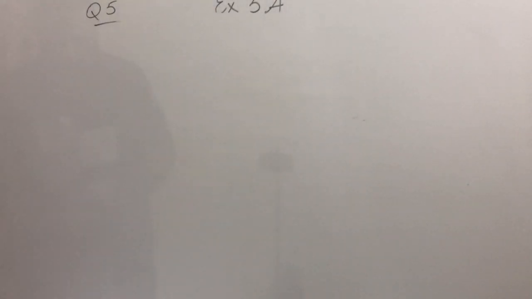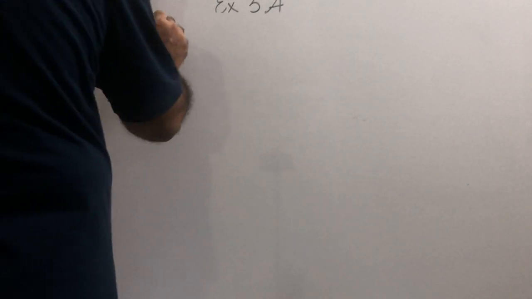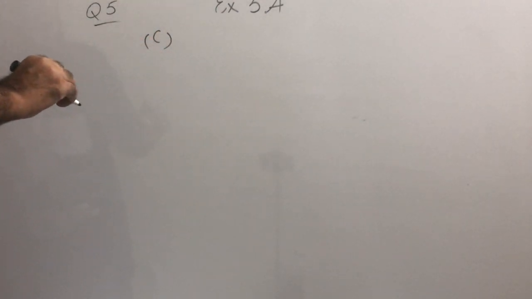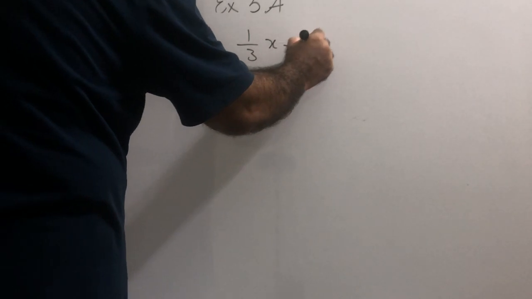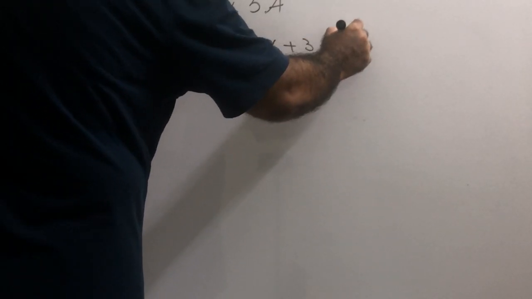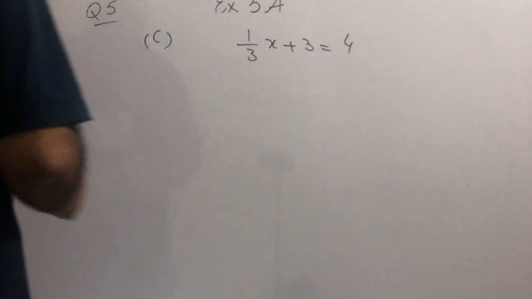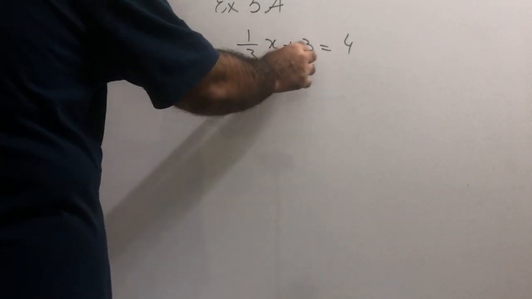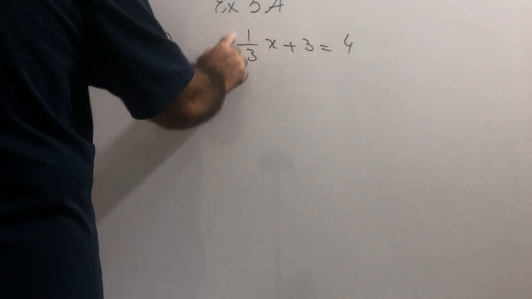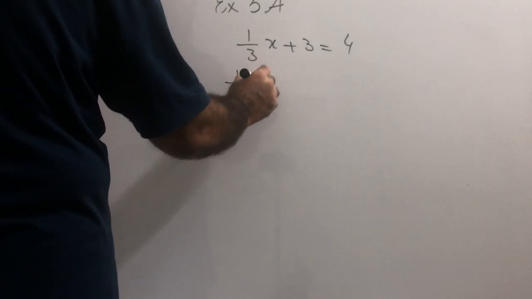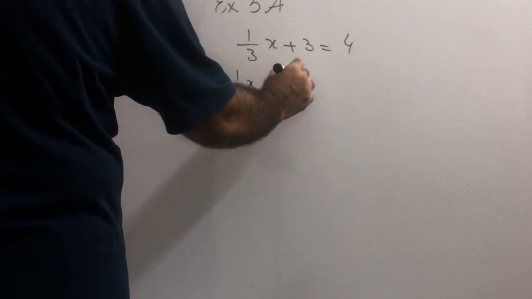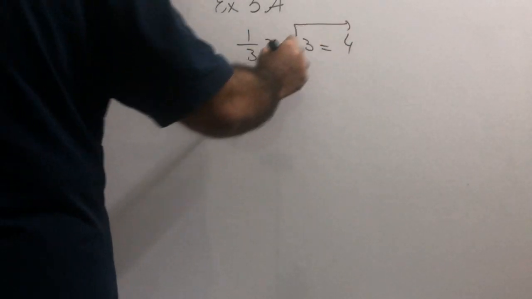Then we will be doing part C. It says 1 over 3 x plus 3 is equal to 4. In this question, remember one thing, that first we need to get rid of plus or minus, then we will be thinking about this. We will take 3 to the other side.